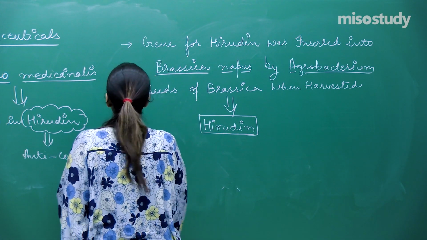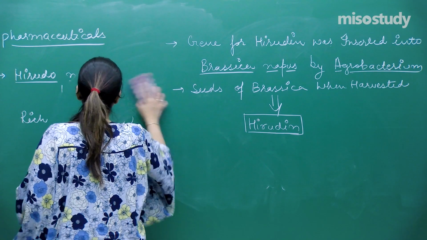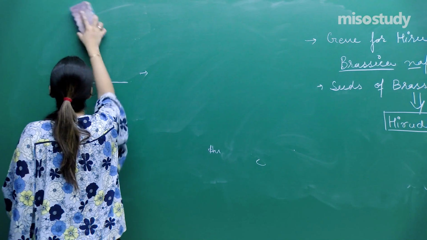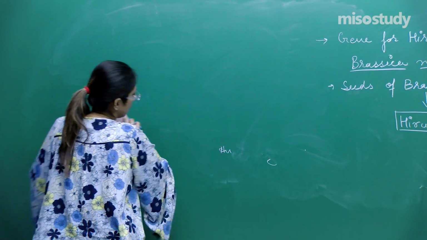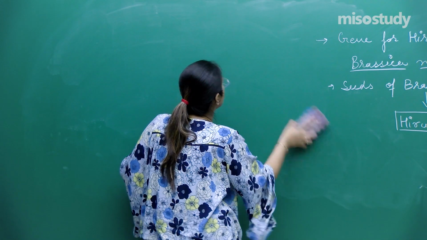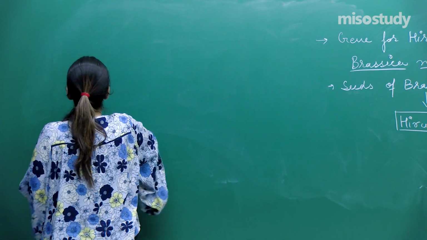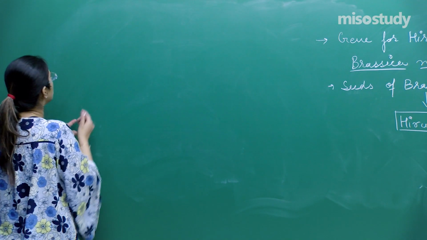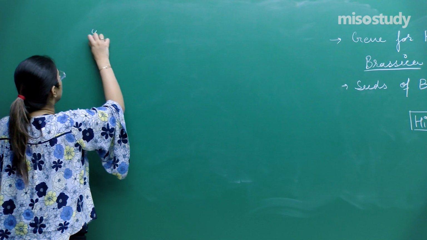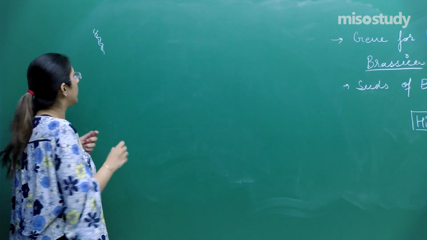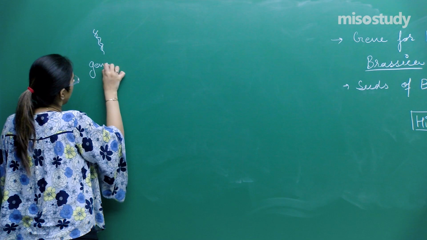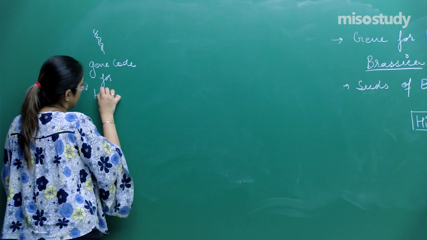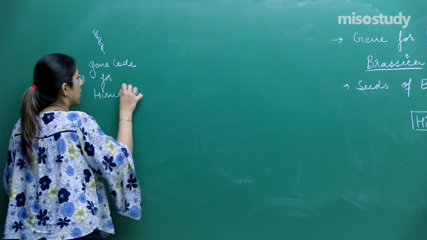So come at this side. Hope you have written the scientific name of the leech, that is Hirudo medicinalis. Leech belongs to the phylum Annelida. So suppose, students, this was a gene which codes for hirudin, right?